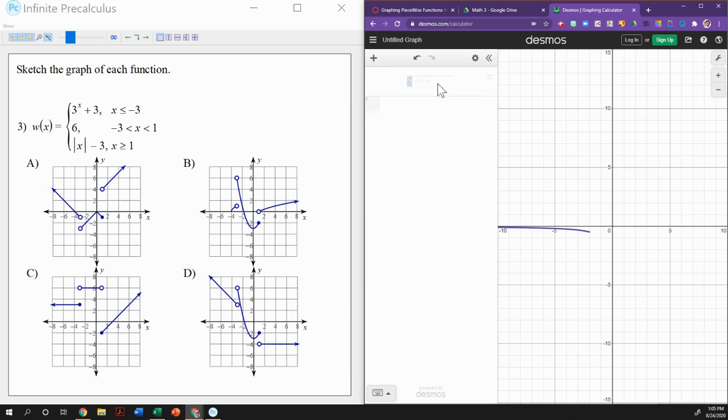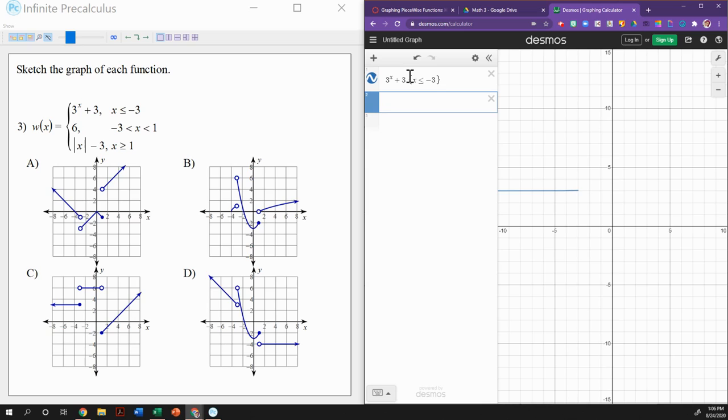We got this. Okay, so 3 to the exponent of x, need to get out of that exponent, plus 3. All right, curly brackets x less than or equal to -3. Okay, enter. You press enter to get to the next line, by the way. 6.